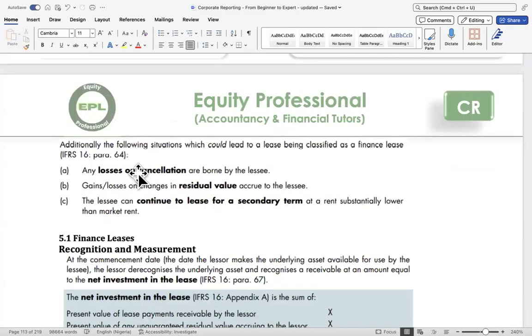Now, there are other indicators for finance lease. These are not primary. You don't have to really bother yourself about this, but they exist.